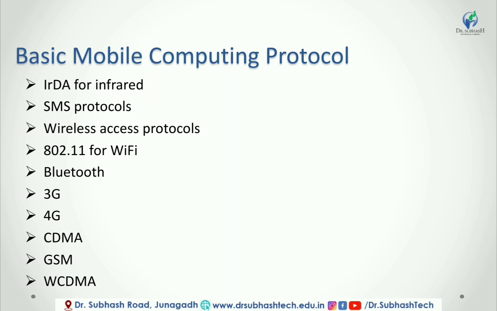Next protocol is 802.11 for Wi-Fi. It applies to wireless LAN and provides 1 or 2 Mbps transmission in the 2.4 GHz band using either frequency hopping spread spectrum or direct sequence spread spectrum. Wireless devices use this for the bandwidth.